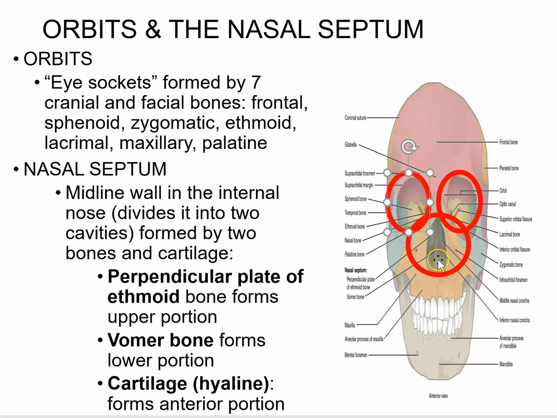The vomer bone, which was one of our facial bones, rises up to meet the perpendicular plate of the ethmoid, and those two bones together form most of the wall that divides the nasal septum into a left and a right. And then there is cartilage here at the anterior part. That cartilage forms the remainder of the nasal septum wall.